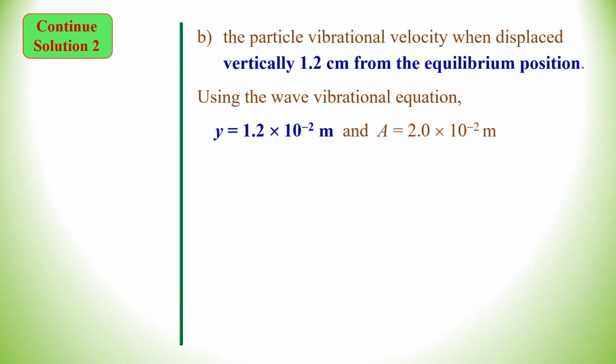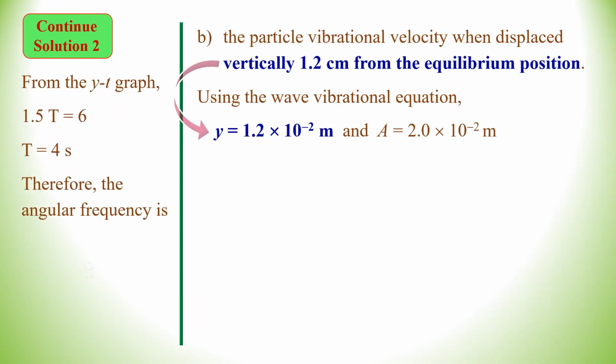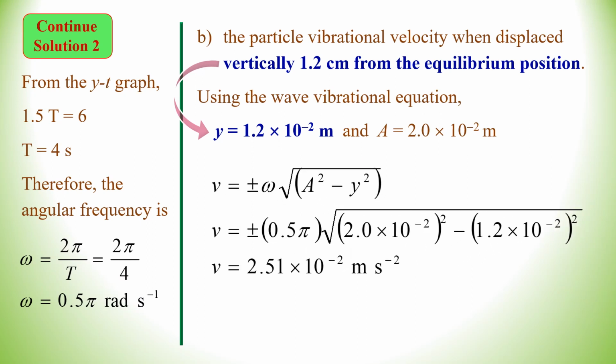Now we continue with question 2b. Calculate the particle vibrational velocity when displaced vertically 1.2 cm from the equilibrium position. Vertically 1.2 cm from the equilibrium position is a value of y.